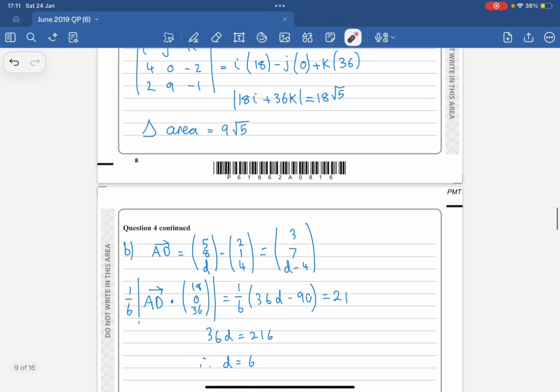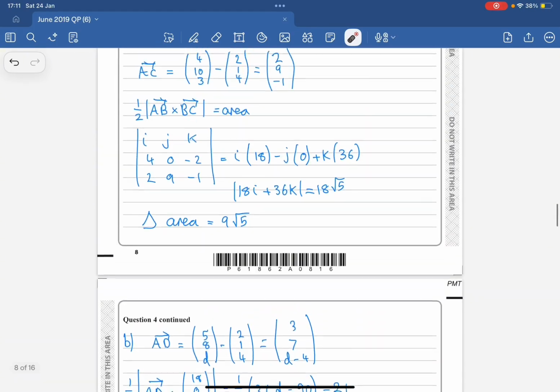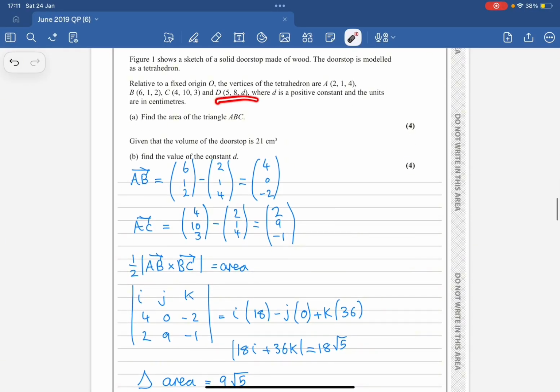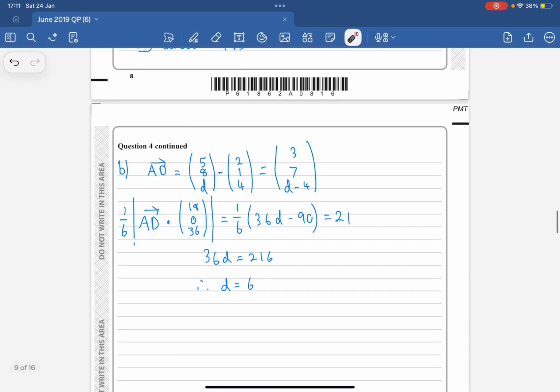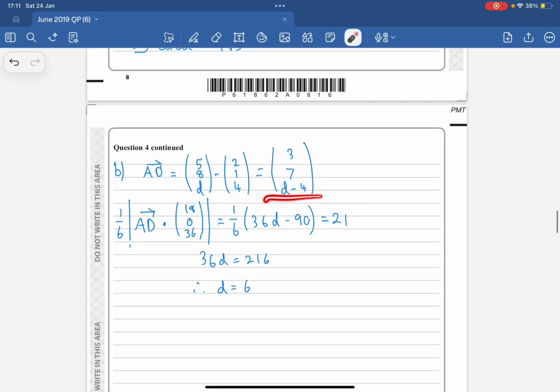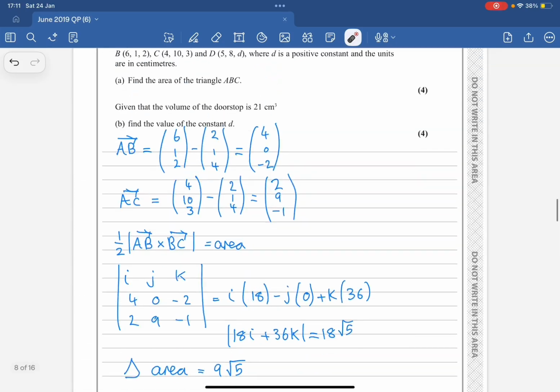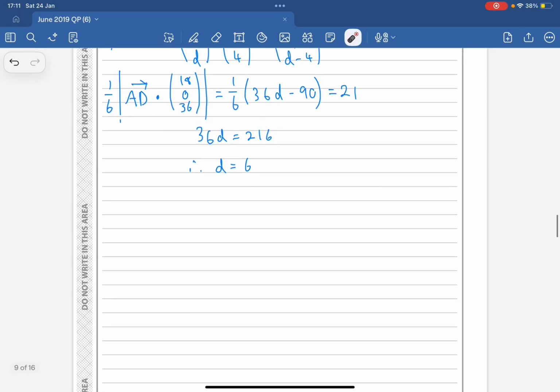So that's just another standard formula to remember. And we can work out our AD using the position vector minus position vector method. We get this, and then all we're doing now is dotting this AD with the cross product of those two vectors, which we already worked out up here.